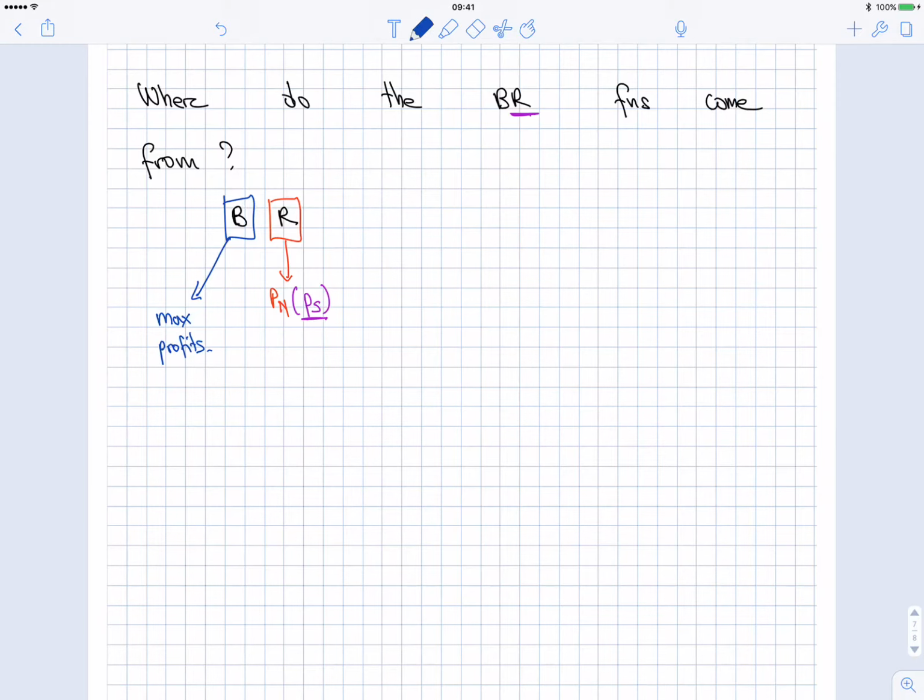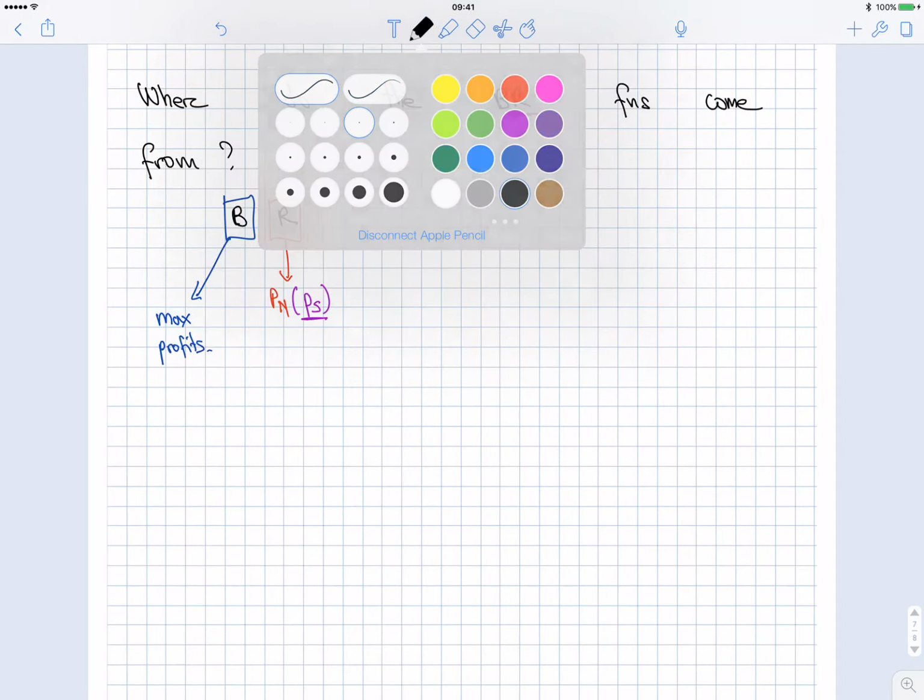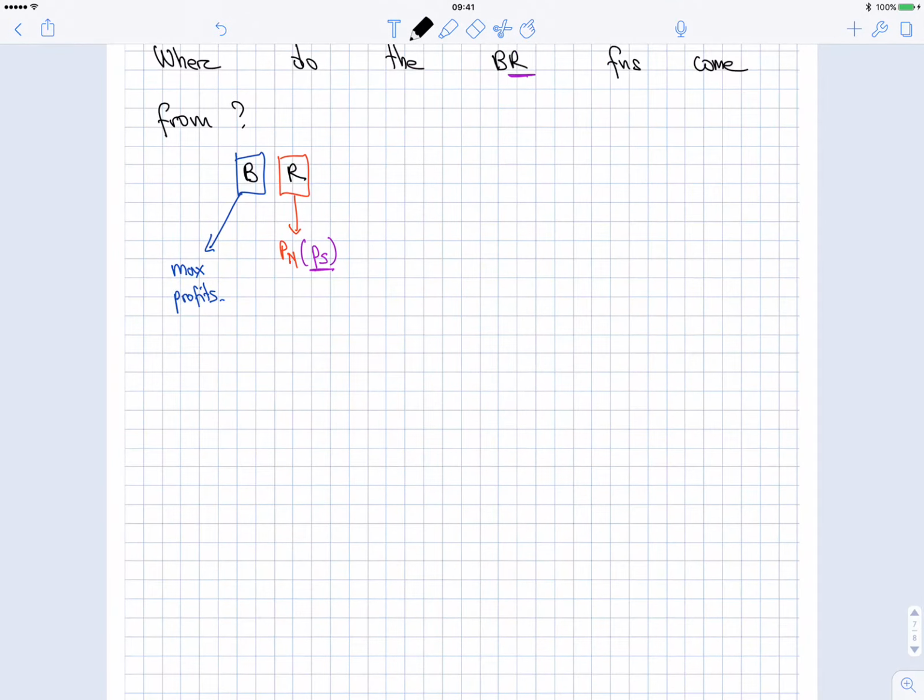Okay? Now, I want you to think about it this way. If I just focus on the profit of the north side, what would the profit of the north side be? Well, it will be Qn times Pn minus marginal cost of the north side. Agree? It's how much you sell at what markup. But what is Qn?